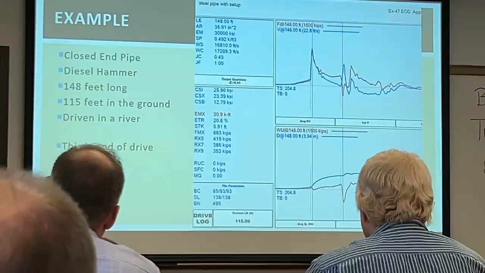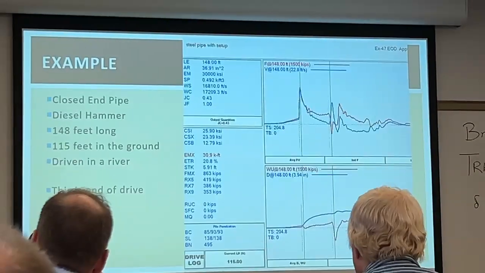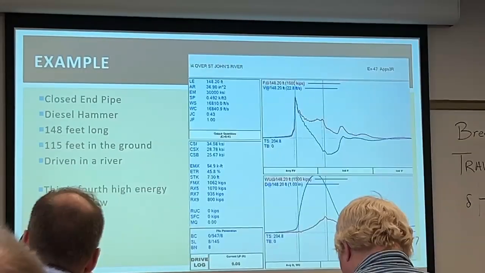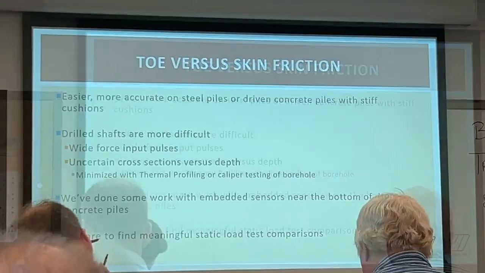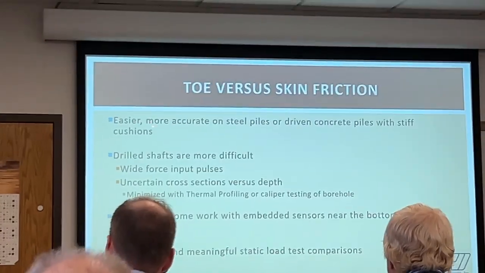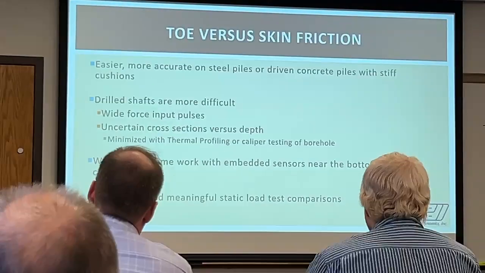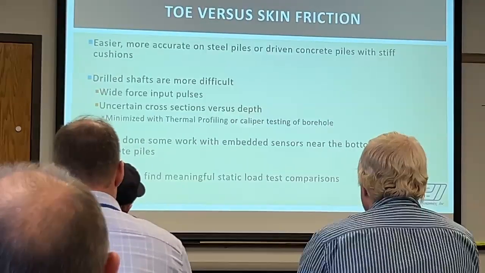Of course, we can't do that if it exceeds the structural capacity of the pile. So, you know, there's that consideration that we have as well. This is easier and very likely more accurate when we have steel piles. So we remember the very first slide after lunch, maybe the pizza was setting in.